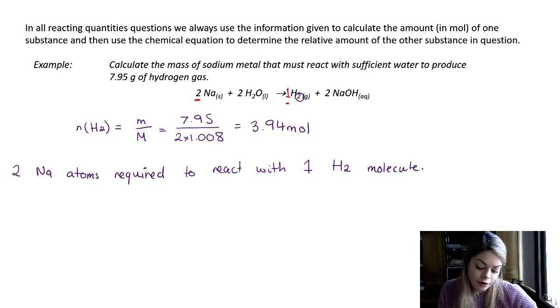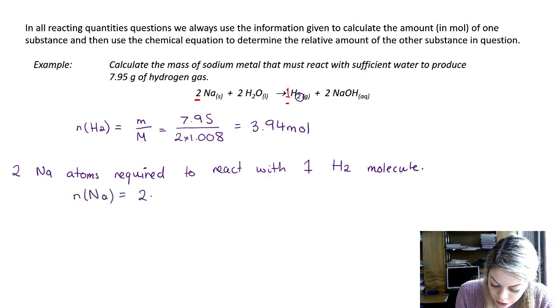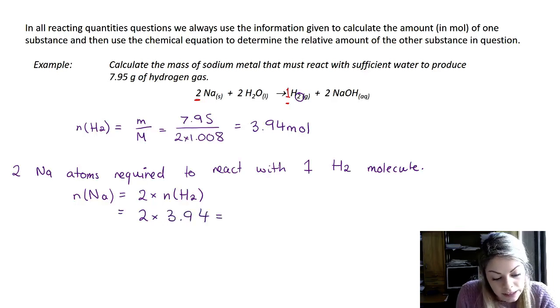Okay, so if I have 3.94 moles of hydrogen gas, I need twice as many moles of sodium. So the number of moles of sodium required is 2 lots of the number of moles of hydrogen. So that's 2 times 3.94, which is 7.89 moles.